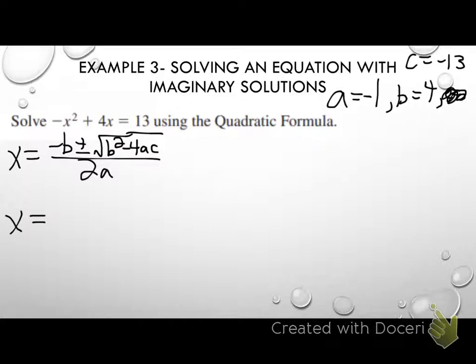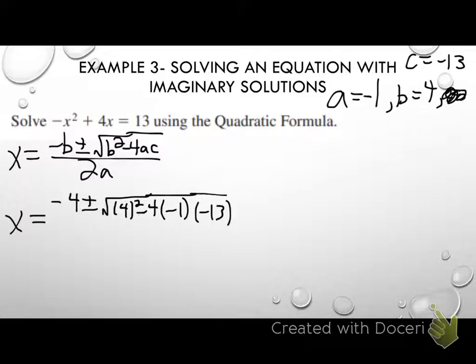Opposite of B, what's my B value here? 4. So what's the opposite of positive 4? -4. So I get -4 plus or minus square root of 4 squared minus 4 times -1 times -13, all over 2 times -1.